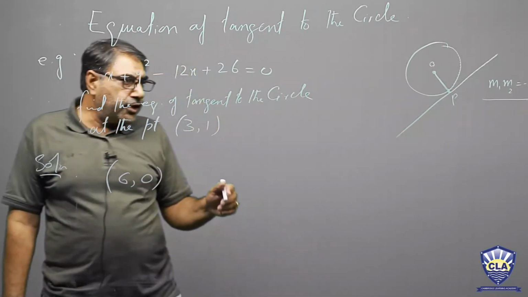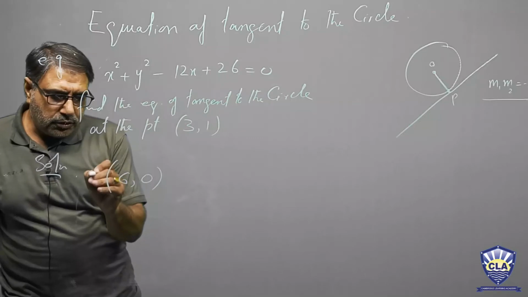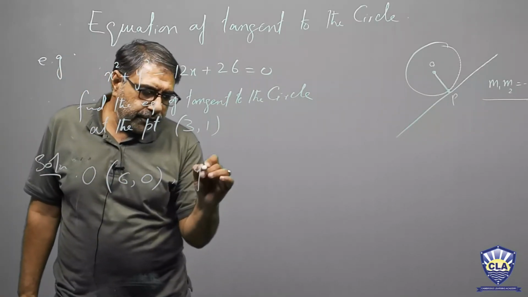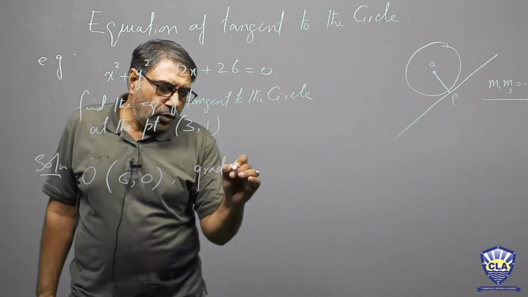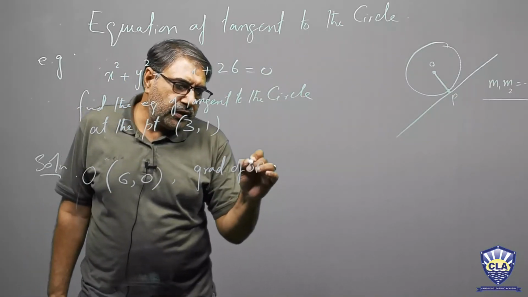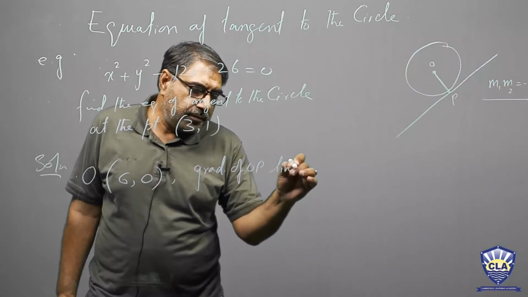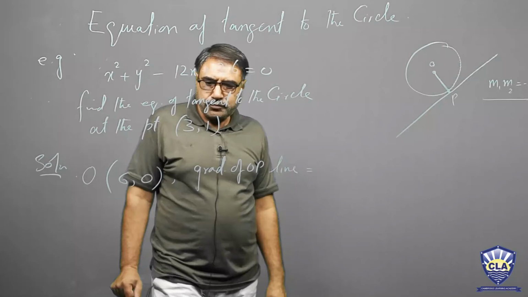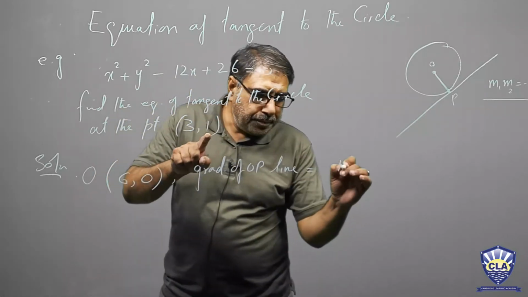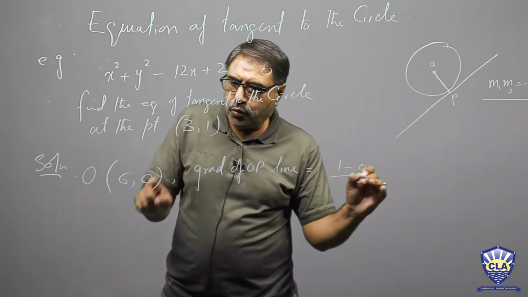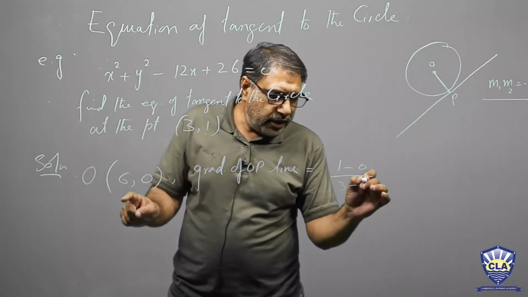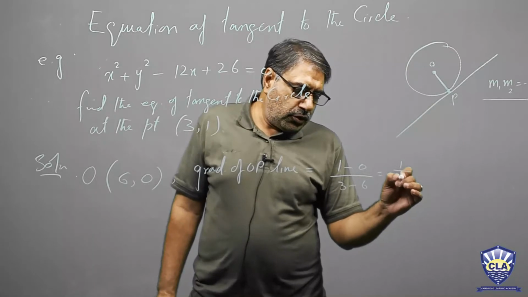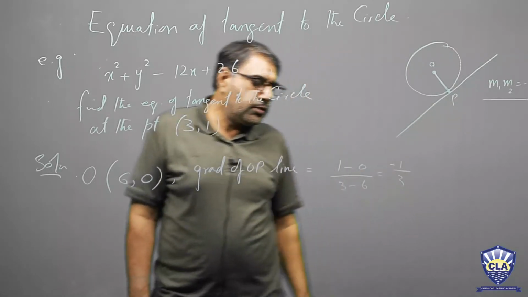Now what is the gradient of OP? Find the gradient of OP line equals to y2 minus y1 over x2 minus x1, which is equals to 1 over 3 minus 6, minus 1 upon 3.